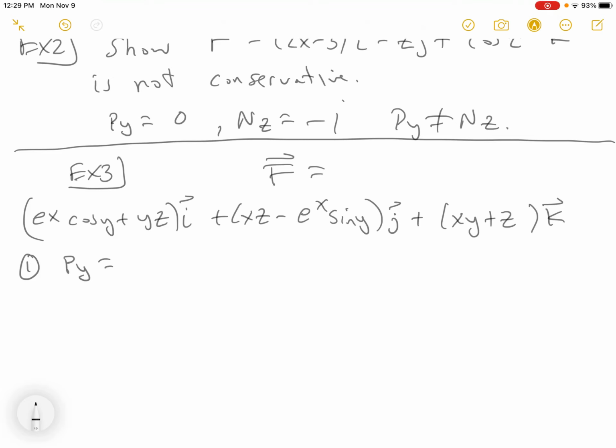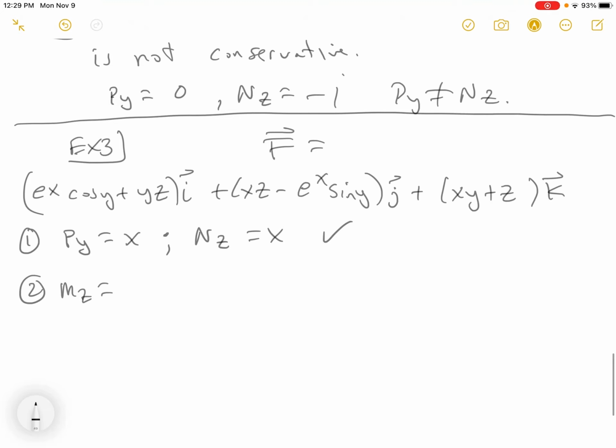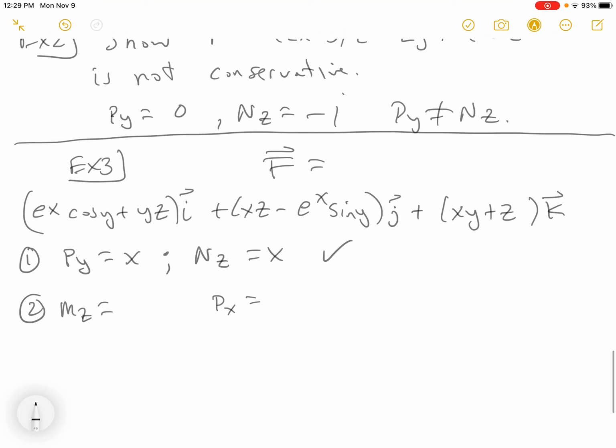Py equals x and Nz equals x. Check. Now Mz and Px. Mz equals y.